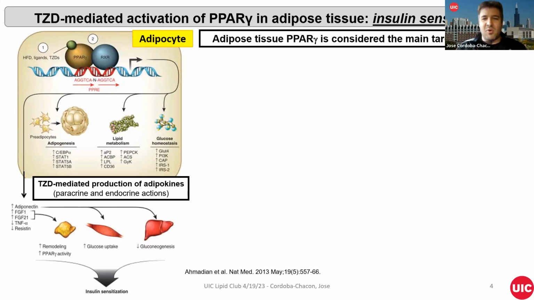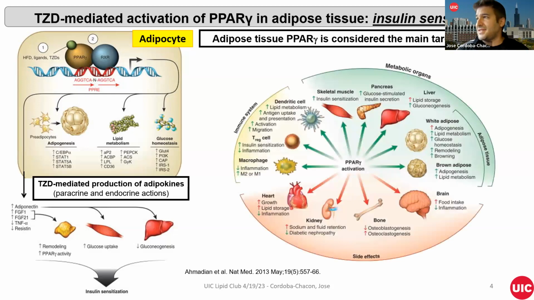Altogether, they promote insulin sensitization, and this is why TZDs are good insulin sensitizers, and they are approved by the FDA to be given to patients with diabetes in order to control their glucose levels and also the lipid levels in the circulation.